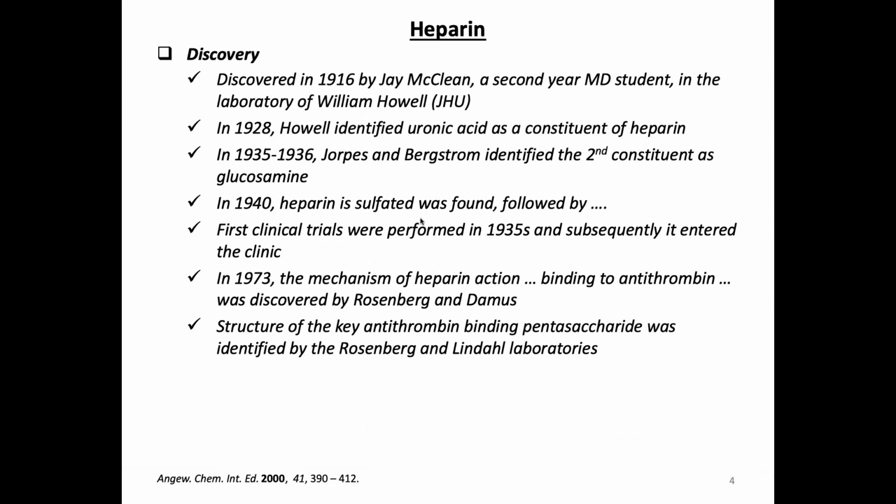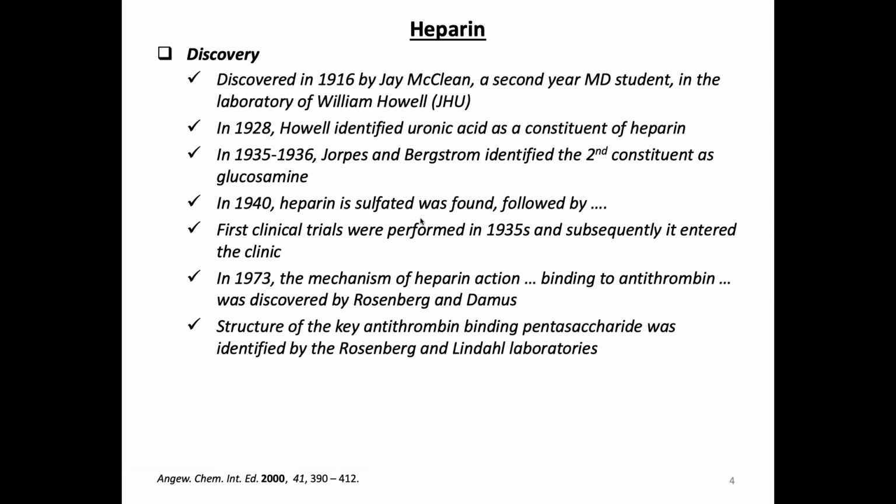You would think that a molecule that is present a lot in our body would be the first one to be discovered. But, well, it was 1916 and somebody came up with something that was highly soluble in water and kind of unusual, and they identified heparin.